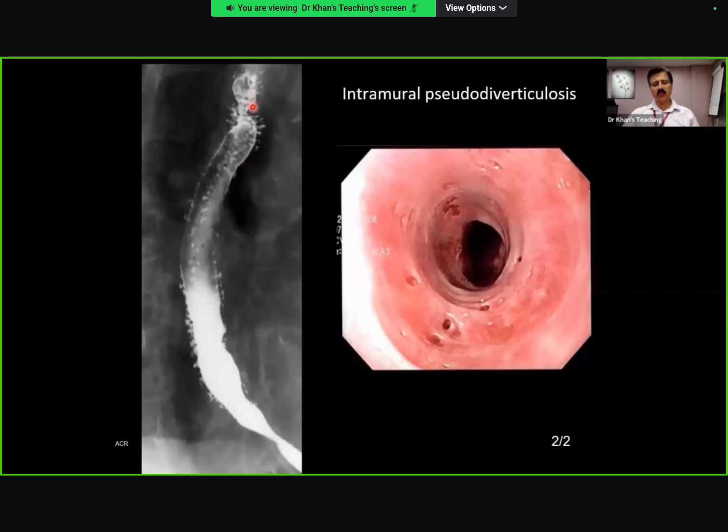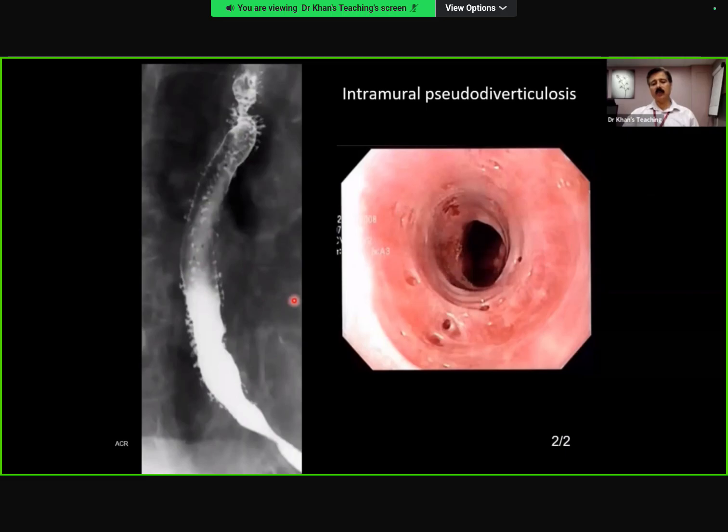So when the patient drinks barium, that goes into those dilated ducts. When you see them in profile, they project like this, and like this, and this is what we call intramural pseudodiverticulosis. It's not going outside the wall.